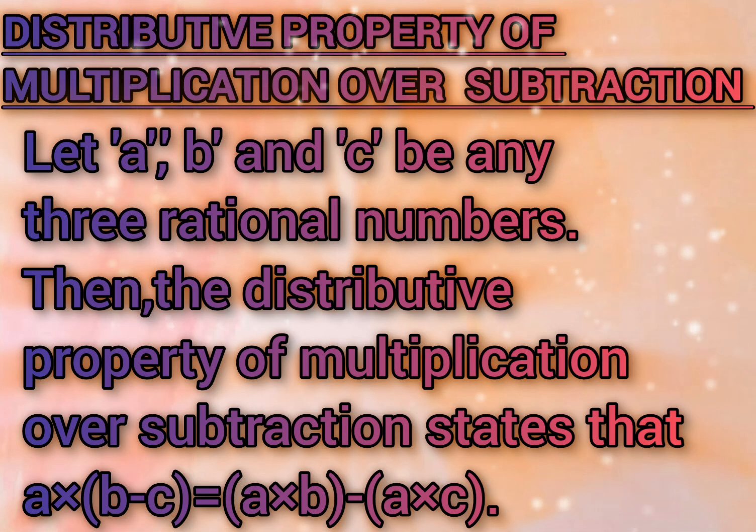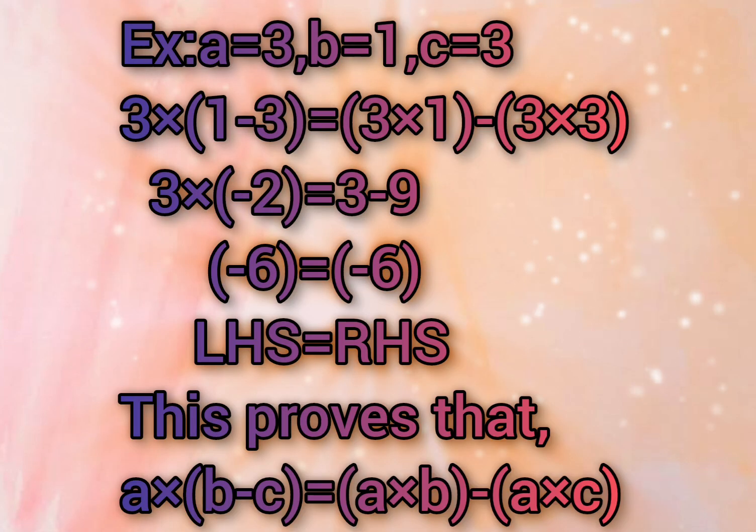Distributive property of multiplication over subtraction. Let a, b and c be any three rational numbers, then the distributive property of multiplication over subtraction states that a × (b − c) is equal to a × b − a × c. Let a is equal to 3, b is equal to 1 and c is equal to 3, we will get 3 × (1 − 3) is equal to 3 × 1 − 3 × 3.